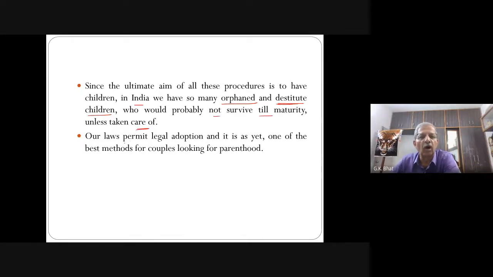So, our laws permit legal adoption, and it is one of the best methods for couples looking for parenthood. Many times, these couples adopt a child and find some sort of happiness in that.